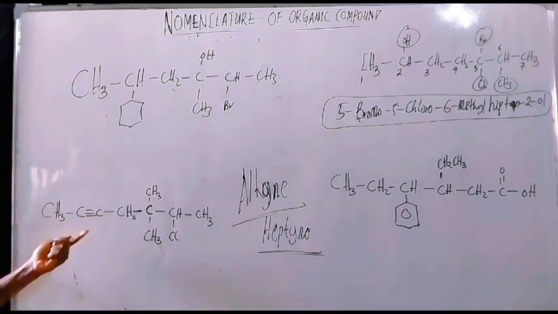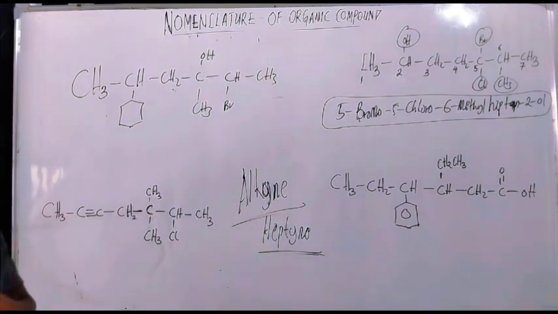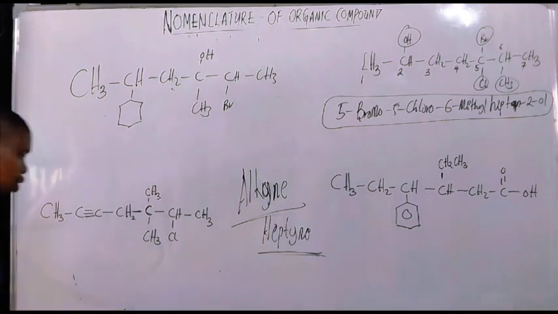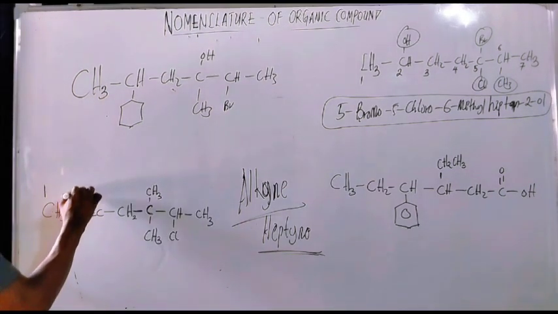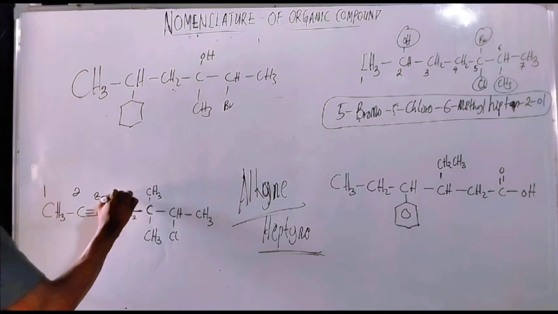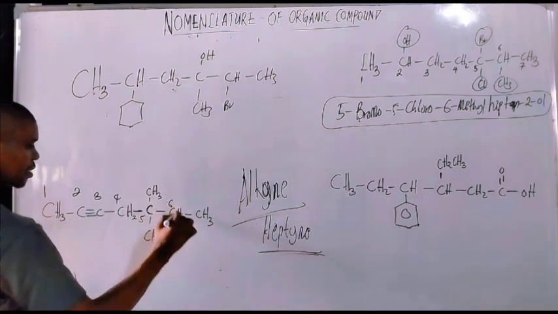Now remember, the triple bond must have the lowest possible number. So it's going to be 1, 2, 3, 4, 5, 6, and 7.